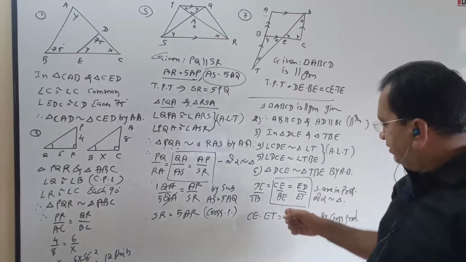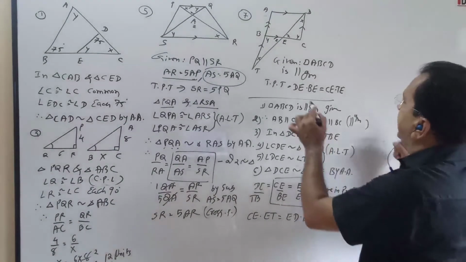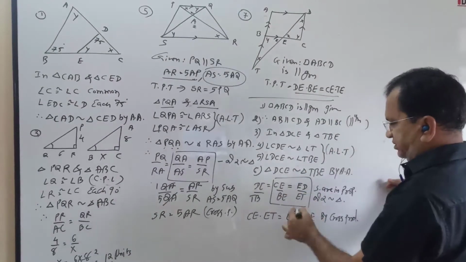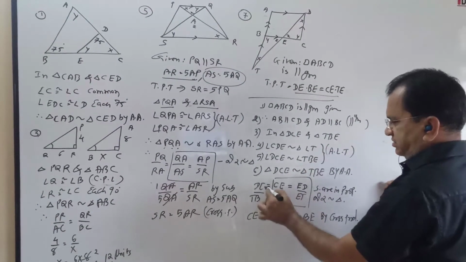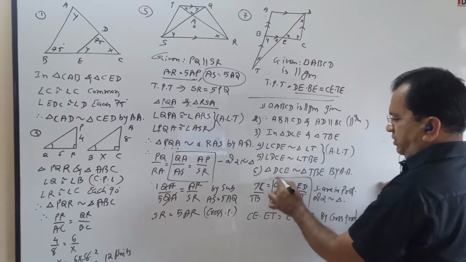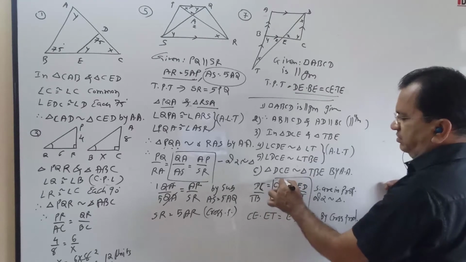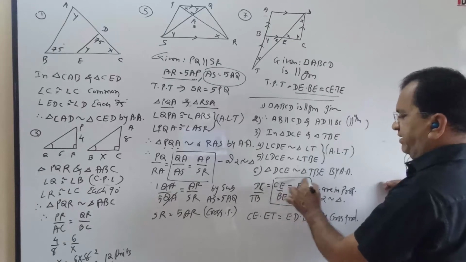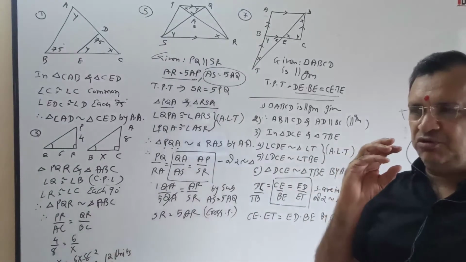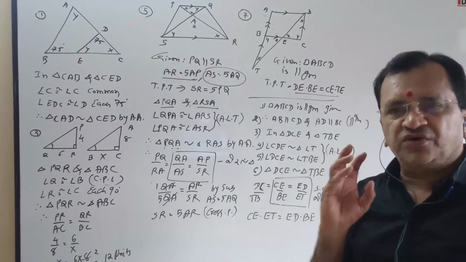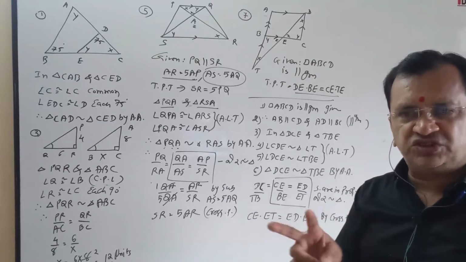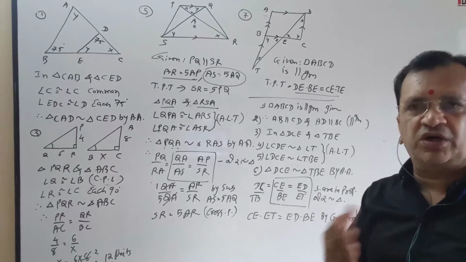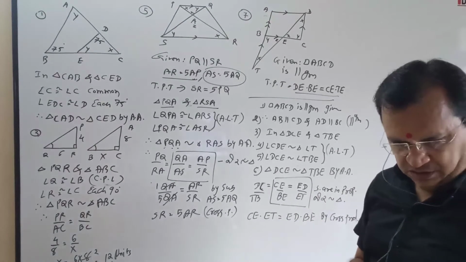I have selected this because all these four sides are in this. If I want DC to B, at that time I will not take this. So you have to write all three ratios. From that you will come to know which two ratios you want and which two you can cross product.